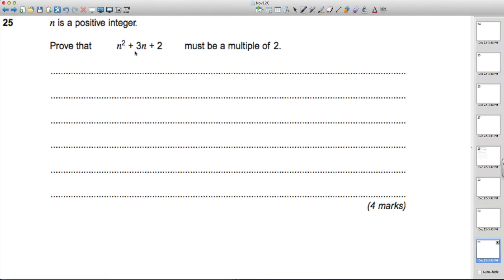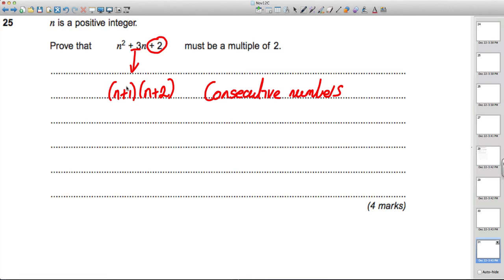The only thing you would have ever known to do with something like this is to factorise it. Two numbers that multiply to 2 and add to 3 are 1 and 2. So this factorises as n plus 1, n plus 2. Now, n plus 1 and n plus 2 are two consecutive numbers on the number line, because this one is 1 more than that one.